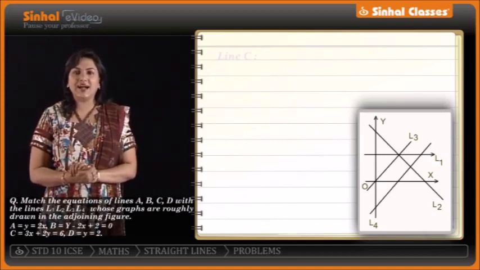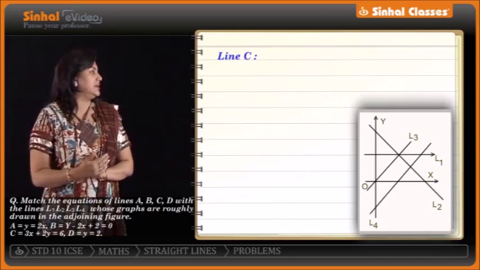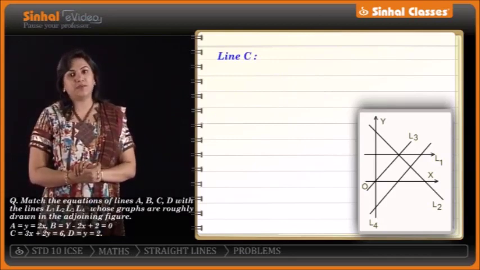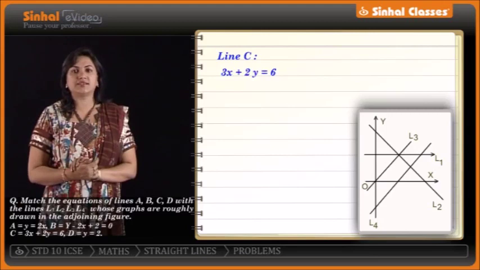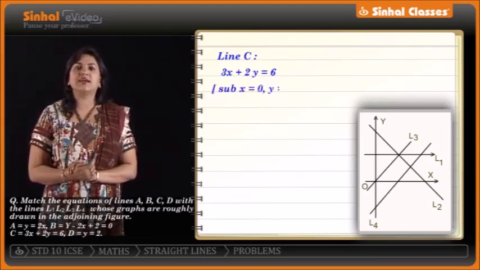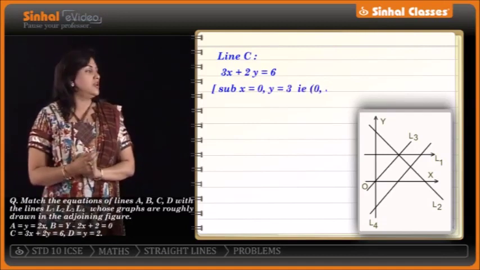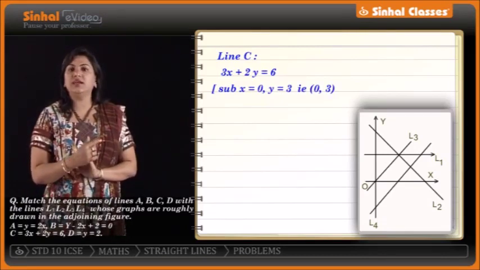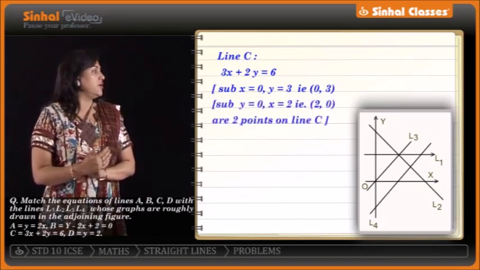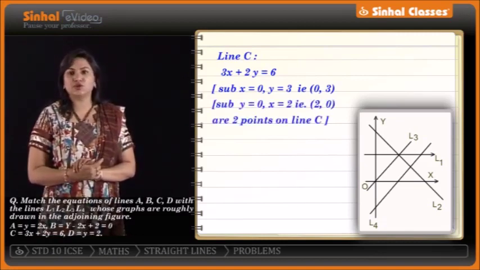Now we take line C. The equation is 3x plus 2y is equal to 6. Substitute x as 0. We have 2y is 6. That is y is 3. So the point (0, 3) lies on this line. Now substitute y as 0. We have x is 2.